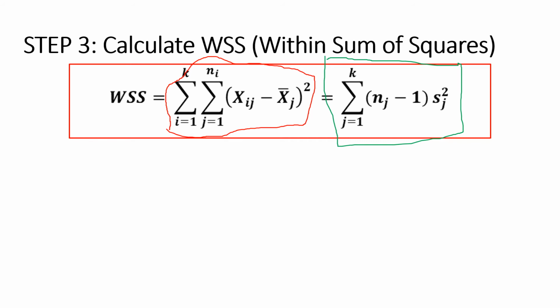And J corresponds to our group. I wonder if the notation switched. Anyway, we'll have 8 minus 1 times the variance for the first group, 8 minus 1 times the variance for the second group, and 8 minus 1 times the variance for the third group.